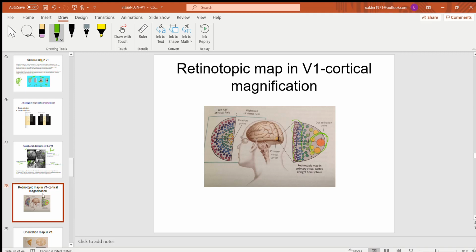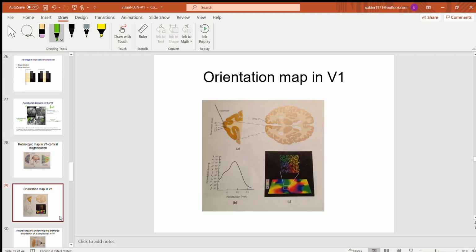Orientation map. This is a way how the orientation map was determined in V1. You can insert the electrode through the cortex of V1 and move the electrode every 500 micrometers, or half a millimeter, and record the neuronal sensitivity to the orientation.